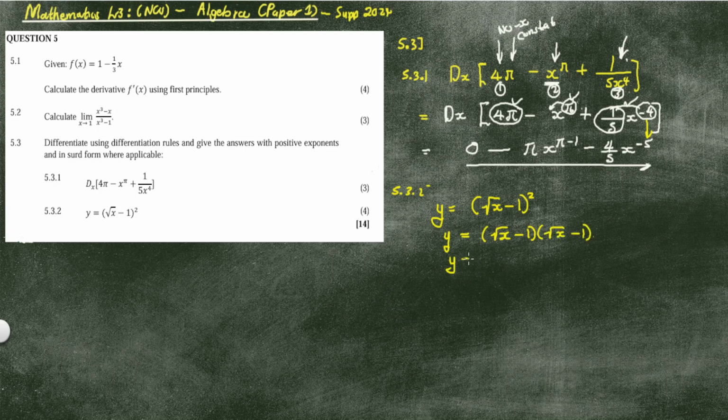Then we multiply. This times that gives us an x. This times that gives us a minus square root x. This times this gives us a minus square root x. And this multiplying that gives us a plus 1. So y equals x minus 2 square root x plus 1.